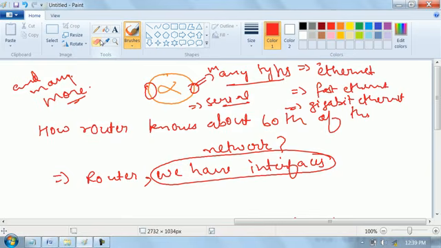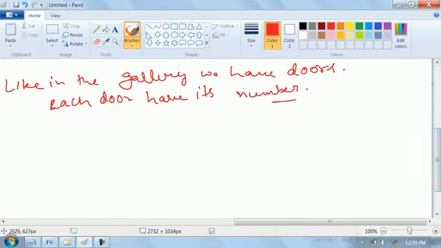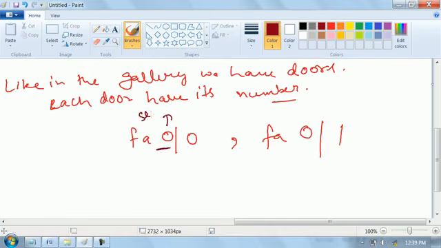In a similar manner, on the router we have a slot. What we have? Slot. As you people are doing practicals in the lab, you have seen this thing many times. Port numbers are always like this: 0/0, 0/1. Now, what is this 0? This 0 is actually the slot number.